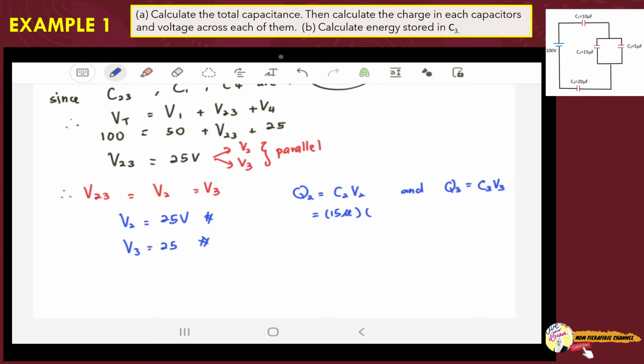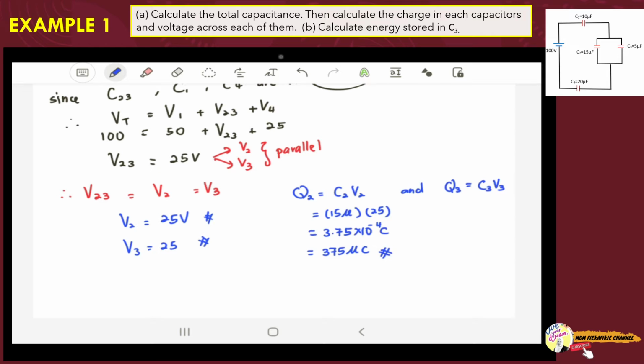Kalau you tulis micro, jangan lupa bila tekan calculator, you kena masukkan power of -6 tu. So the answer of Q2 is 3.75 exponent -4 coulomb, ataupun you nak tulis 375 microcoulomb. So this is the answer.